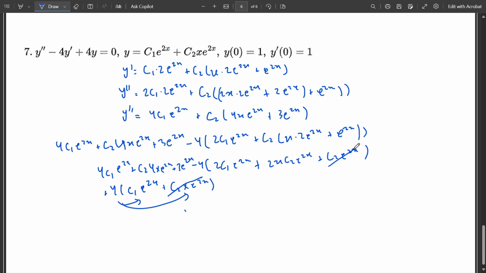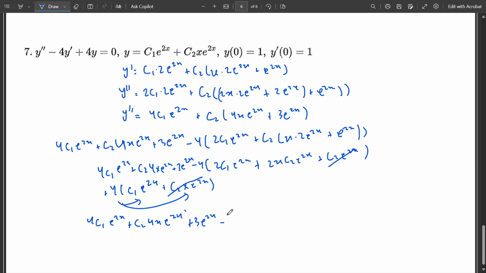So this one cancels with this one. Okay, let us see the new equation: c2 (4x e to the 2x plus 3e to the 2x) minus, this is 2 times c1, right? Minus 4y prime.